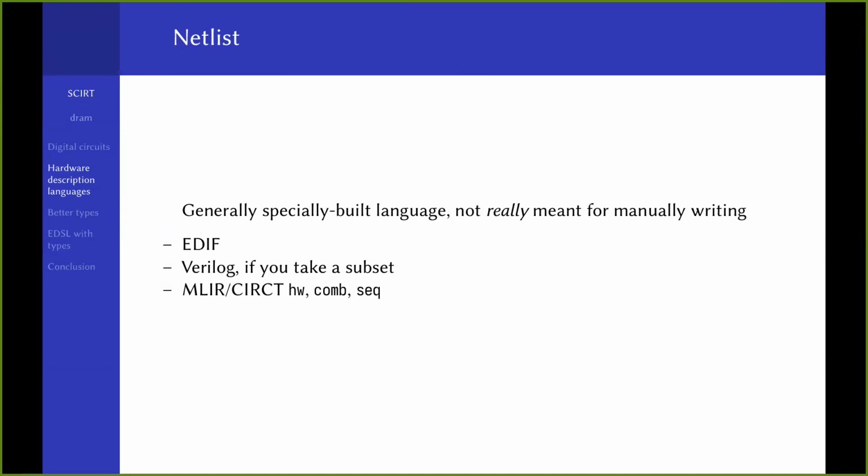Some common formats include EDIF, which is not usually written by humans. Verilog, the structural subset, can be thought of as a netlist, if you don't use those operators and variables. And there's MLIR CIRCT, where the HW and sequential dialects together make up a quite nice netlist language.